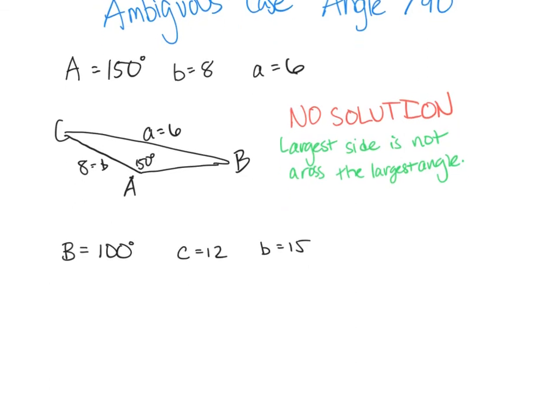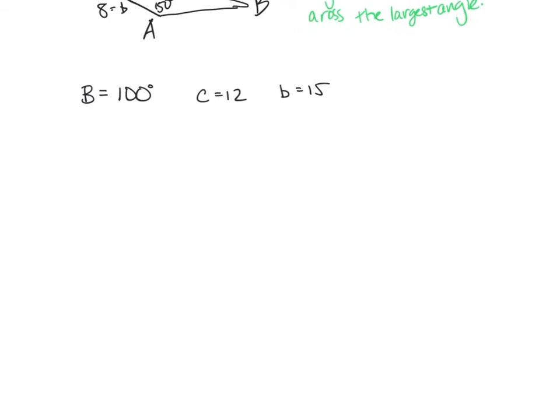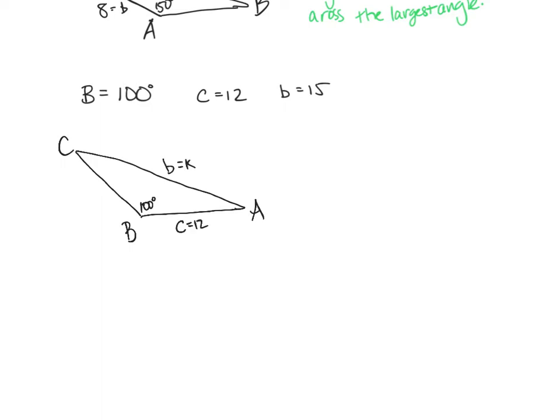So if I was to redraw this triangle, and again, I'll try to draw this semi to scale. I'm not great at that. That's real wavy. So we'll have angle B over here because that's our obtuse angle. We'll have angle A, C. So we have side length C is 12, side length B is 15, and we don't know angle A yet.